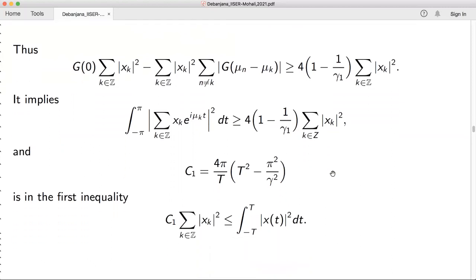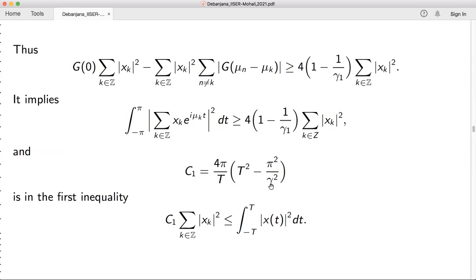Now if we want to go back to our old interval, any interval from minus T to capital T, we have to adjust that scaling factor. If we do everything, then ultimately we get that the constant C1 looks like 4 pi by T times T squared minus pi squared by gamma squared. That gamma was the original gap condition that was given.